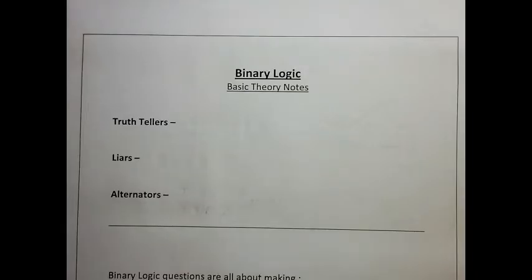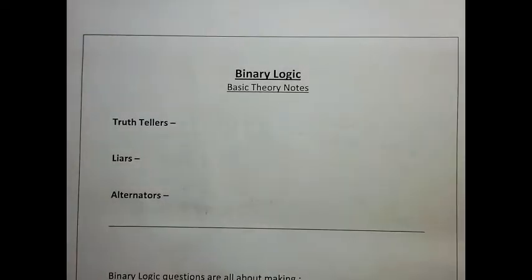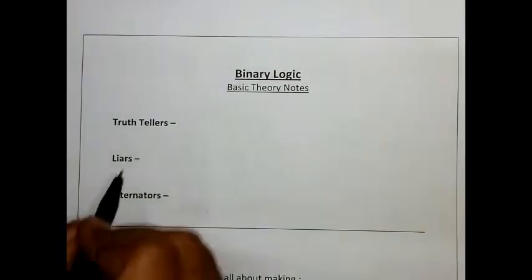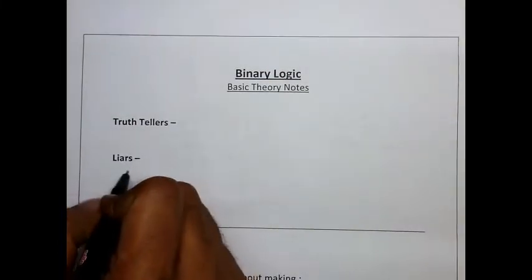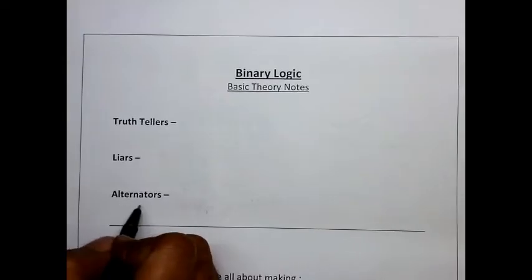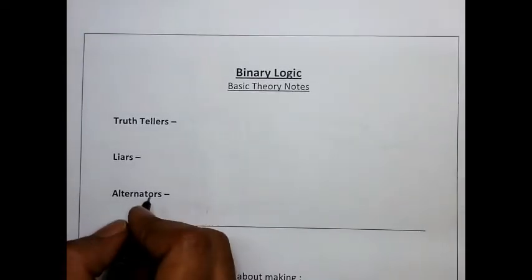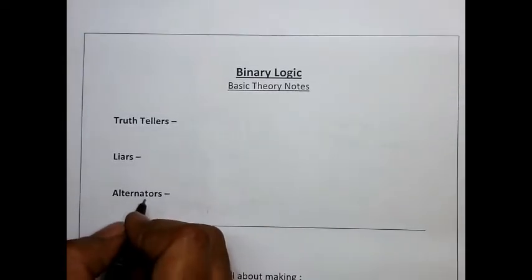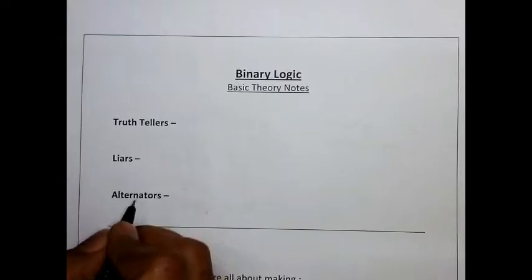Alright, let us now get into the terms and terminologies involved. You need to be familiar with the terms the truth teller, the liar, the alternator. Who is a truth teller? A truth teller is a person who is free to make n number of statements.